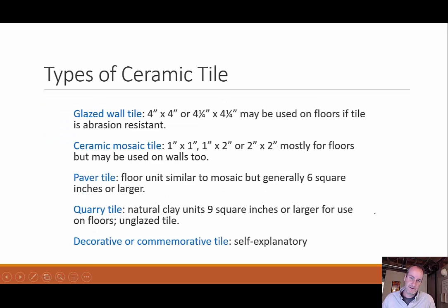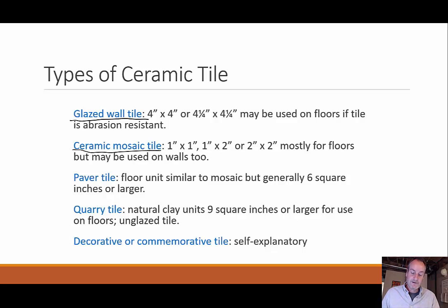So as ceramic tile is the most common, expanding on that, different types of ceramic tile, we could have a glazed wall tile. Usually those are these smaller 4x4 inch or so where you see in a pattern, right? We could also have a mosaic tile. So the mosaic tiles are the really small squares, usually with a lot of different colors and things.